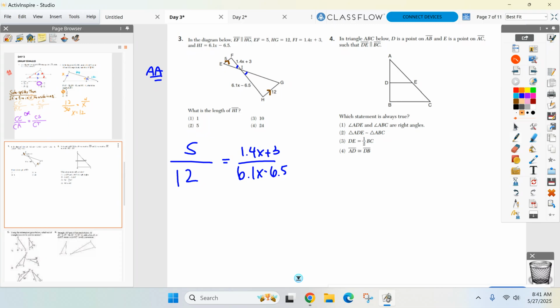Take your time, please, because the decimals here might make some of you anxious. So go ahead, cross multiply, distribute. All I want to know is what x is at the end of this, x only.